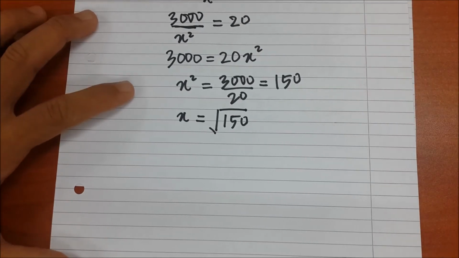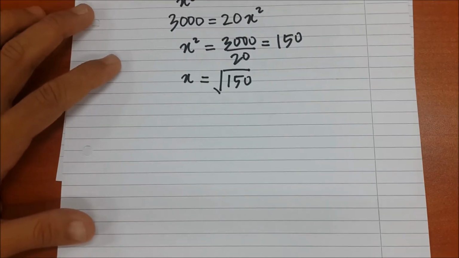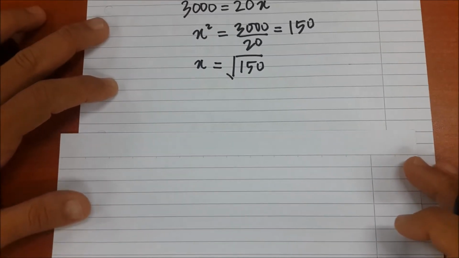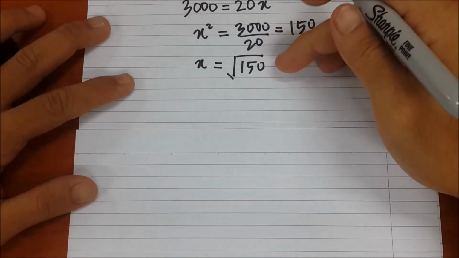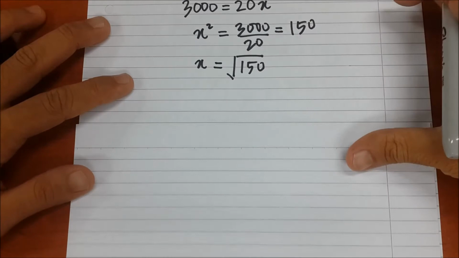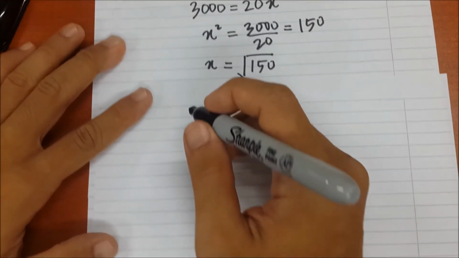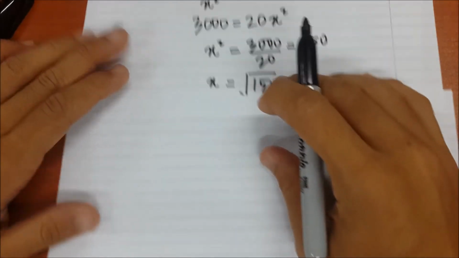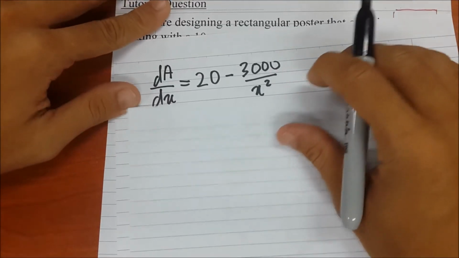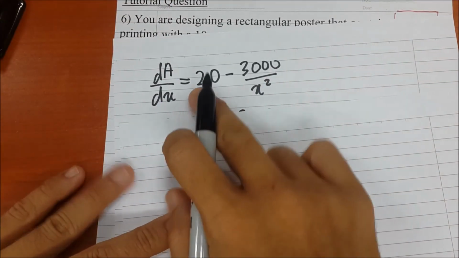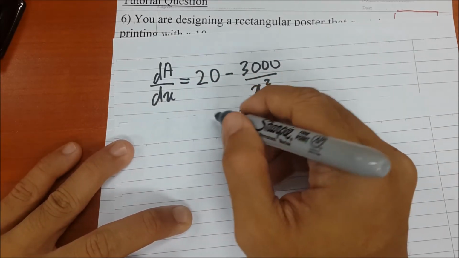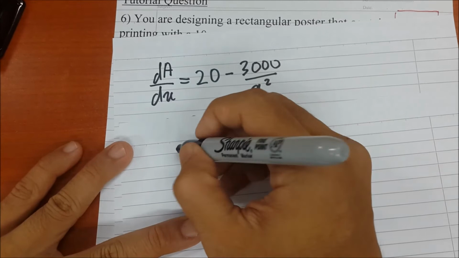Right, so the next step is to check whether at x equals square root of 150 will give us the maximum or the minimum value. So checking the second derivative, we're going to continue from here. The first derivative dA/dx equals 20 minus 3000 over x squared.